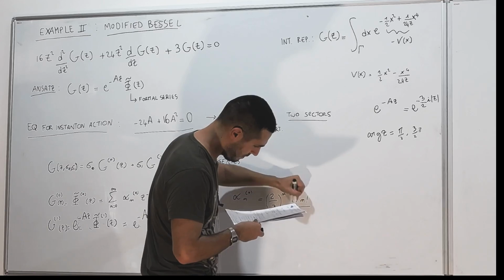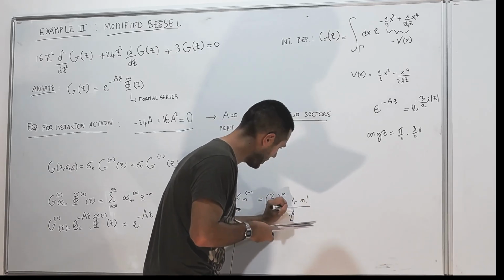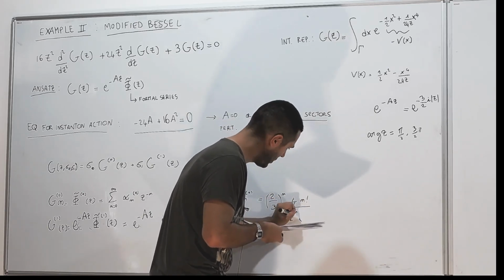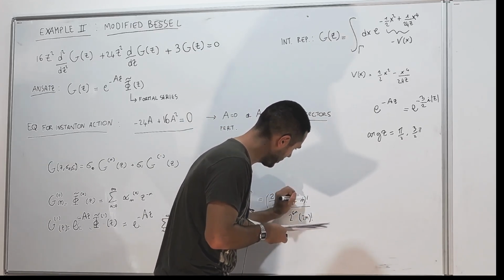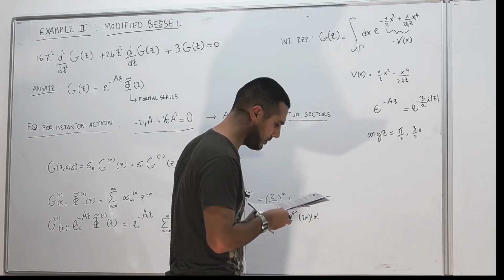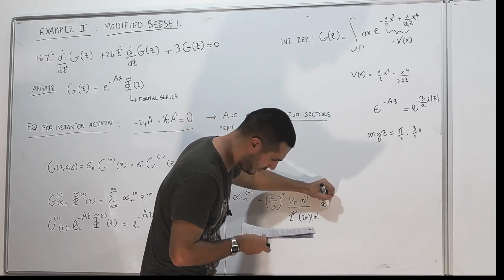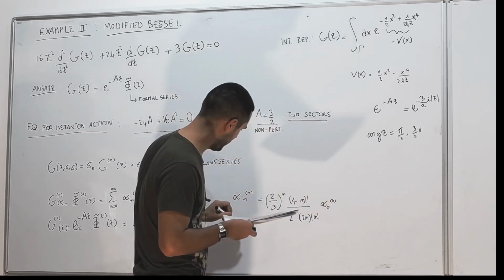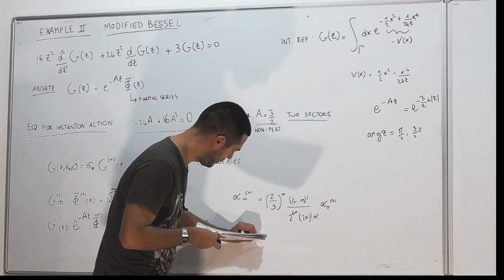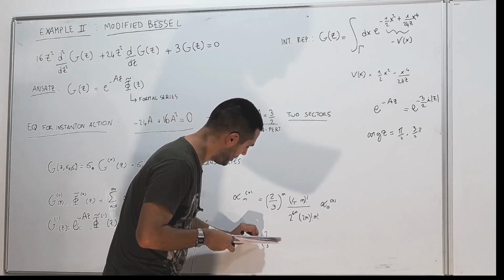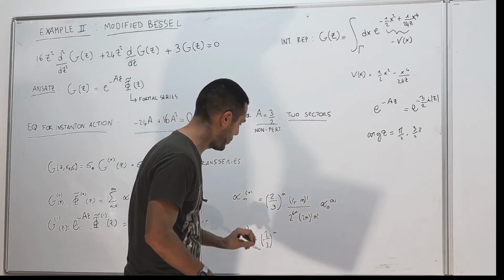Factorial, 2 to the 6n, 2n factorial, n factorial. And these ones are the same up to a minus 1 to the n.